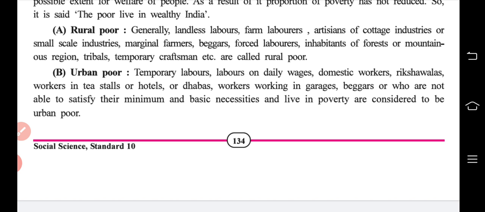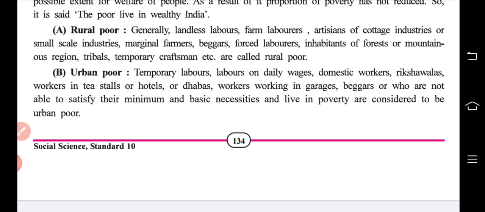When the time of harvesting comes, landlords call laborers for harvesting the crop. So sometimes they do not get working days in the area where they are living. So they do not have maximum days of employment.